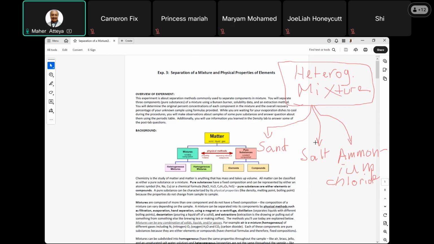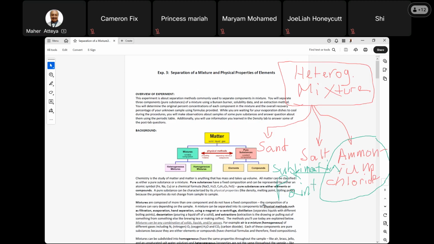First, ammonium chloride sublimes at mild temperature, so we'll take advantage of the sublimation point or temperature.